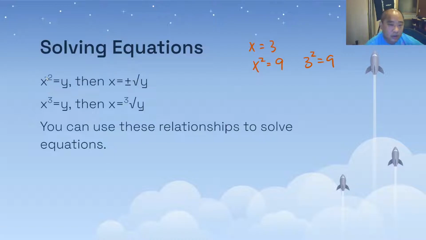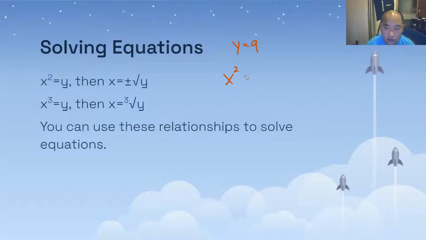So if x squared equals y, then x equals plus or minus the square root of y. What does that mean? Well, let's say that y is 9. So we want to find what x is. Well, we would take the square root of both sides, right?